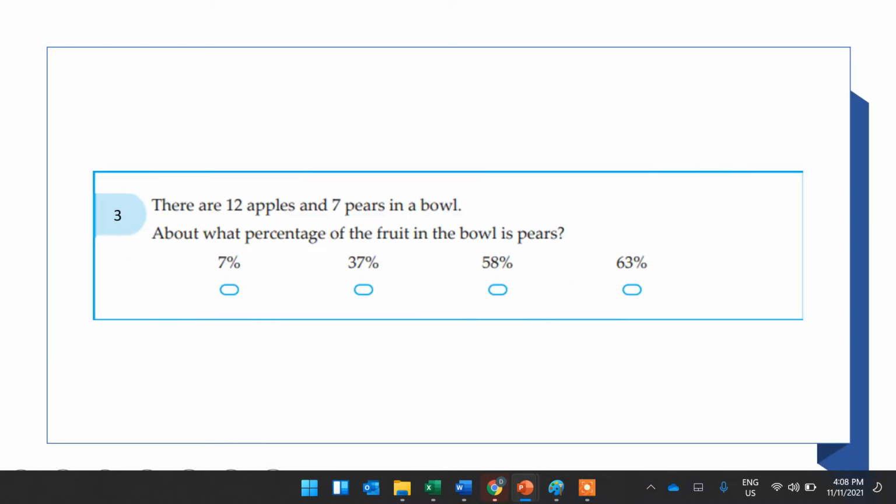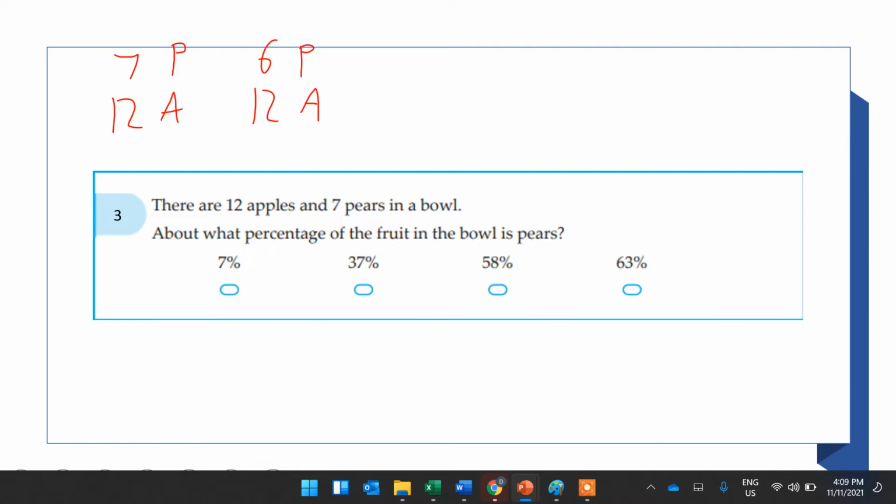12 apples and 7 pears in a bowl. About what percentage of the fruit in the bowl is pears? So, slightly advanced, I'll change the number slightly. Instead of 7 pears and 12 apples, we'll change it to 6 and 12. The reason I've done that is because 6 is a factor of 12, which makes this very easy.